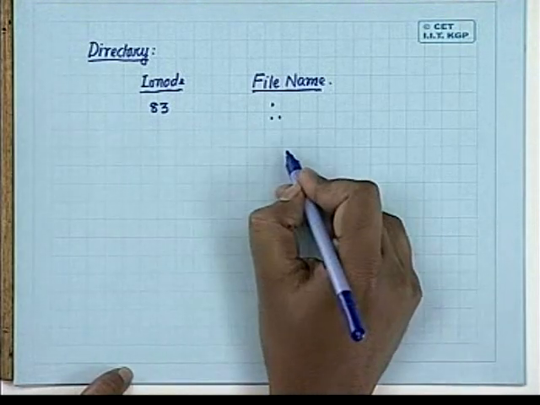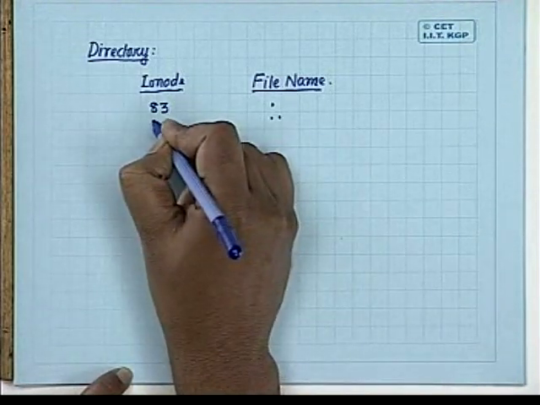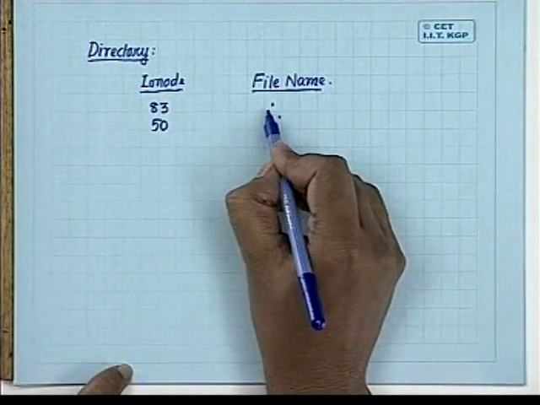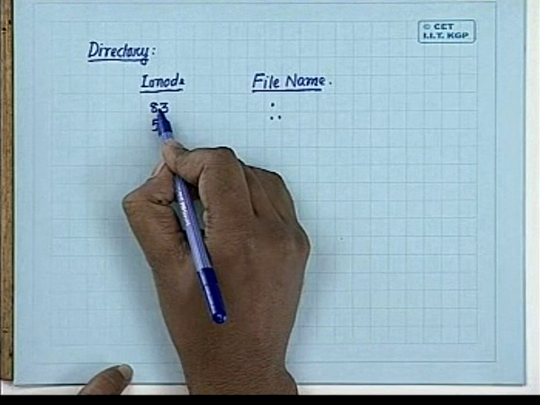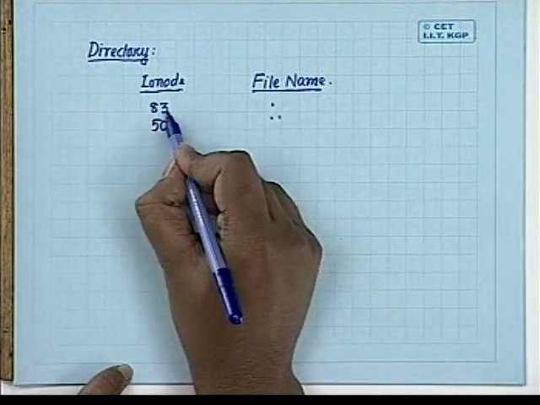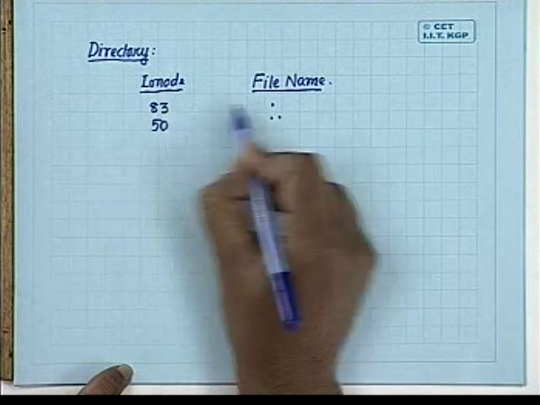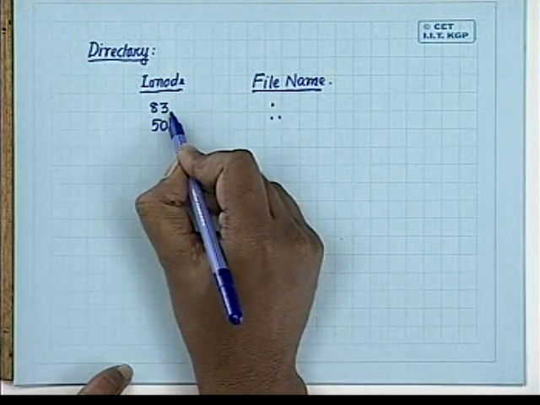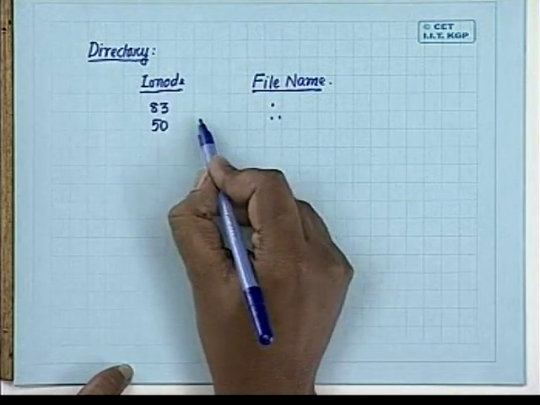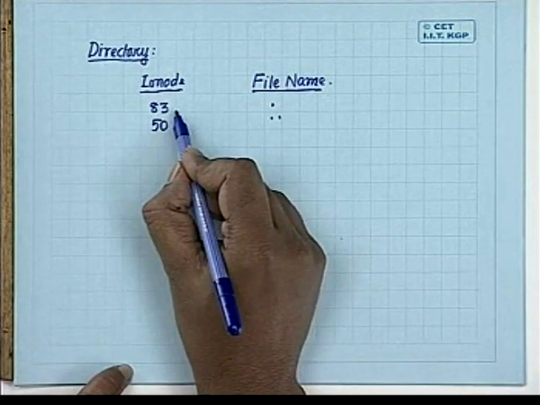Dot dot will have another inode number, suppose 50. Dot means it is the entry for the current directory. When I say that for entry dot the inode number is 83, that means the current directory, the directory under consideration, has inode number 83.